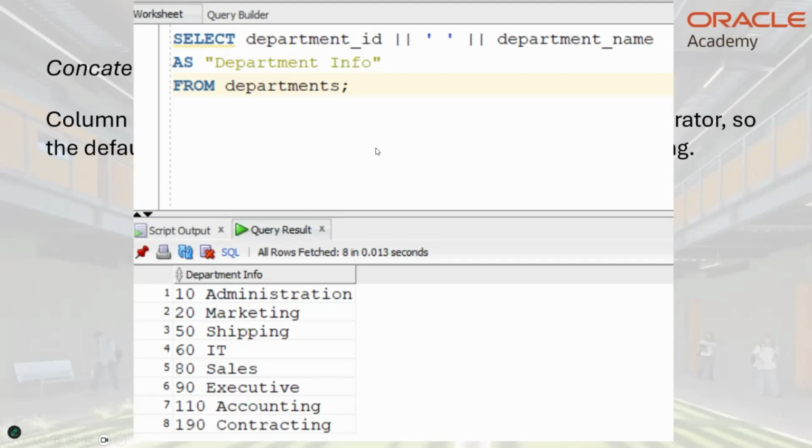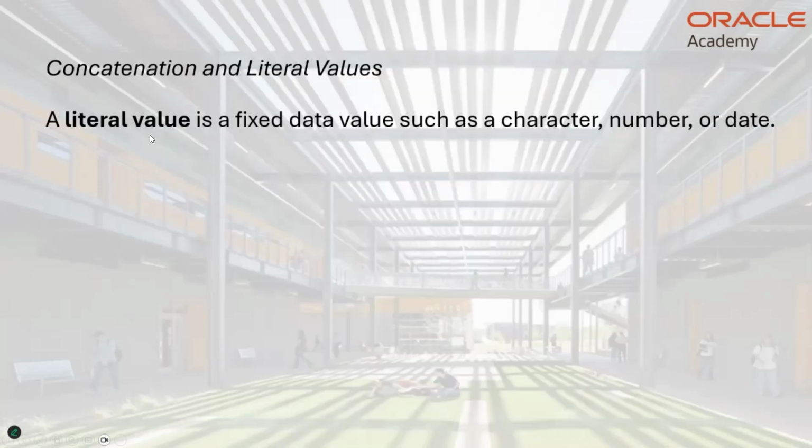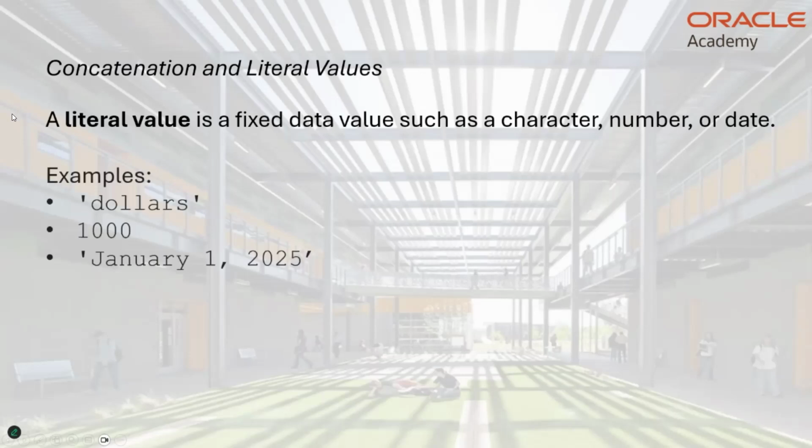All right. Thumbs up. You can actually add literal values, and remember, the term literal just means fixed data that you're adding to a column. You can add literal values such as characters, numbers, or dates to your concatenation. Words like dollars or thousand, or a specific date, are called literal values.